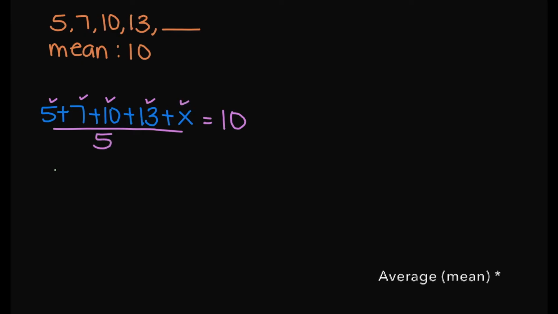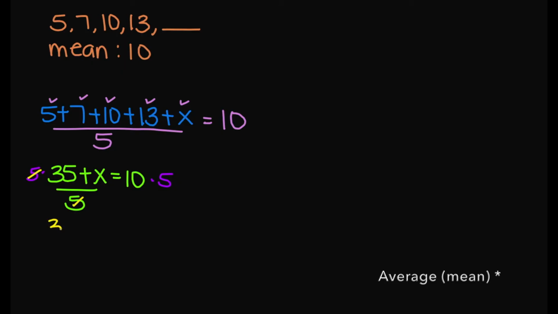Now we're going to add all of our numbers here. 5 plus 7 plus 10 plus 13. This is going to be 35 plus x over 5 equals 10. Now I'm going to multiply both sides by the number 5 so that we can solve for x. My 5s on my left side are going to cancel out.